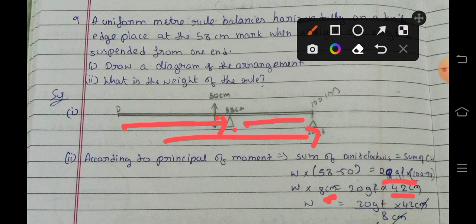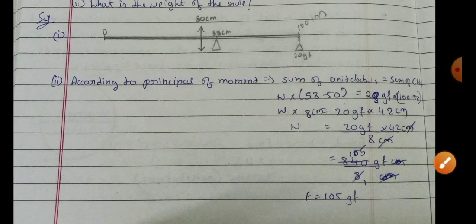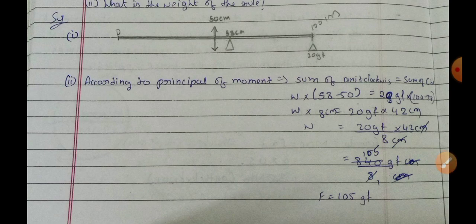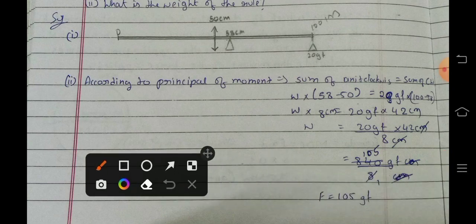I'm really sorry, my student has written very badly here. At the end of the classes she will write like this only. So substitute the values. This 8 centimeter comes down here, cancel the centimeter, and multiply 20 into 42, you'll get 840 divided by 8. 8 ones are 800 and 5 is 840.